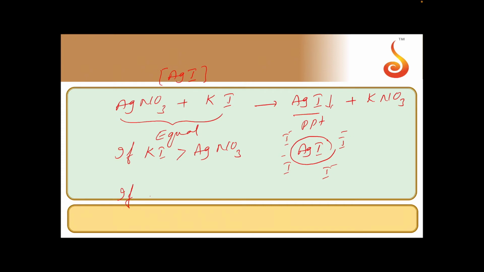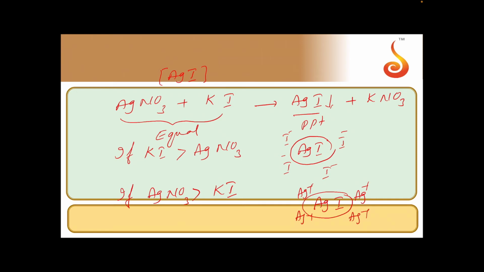Suppose you take AgNO3 more than KI. Now for AgI, the common ion is Ag plus from AgNO3. In such a situation, Ag plus starts adsorbing on that, and thereby you are going to get a positively charged salt.